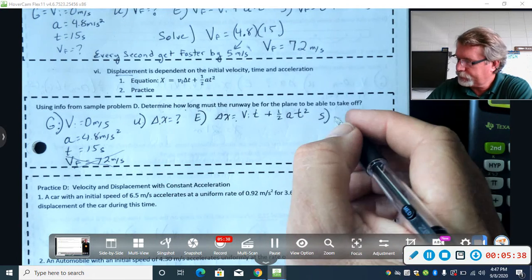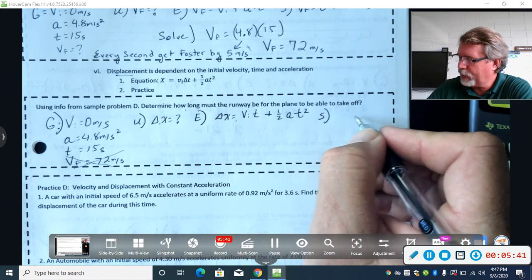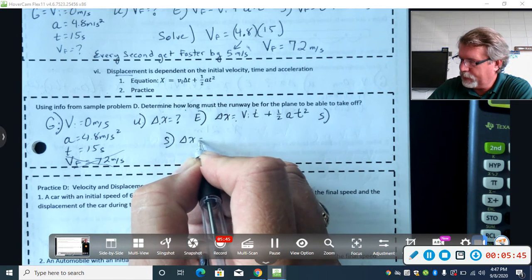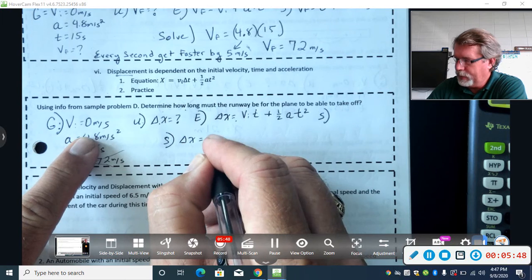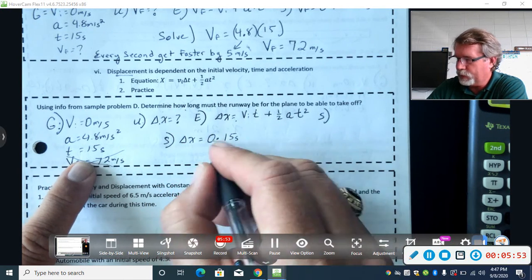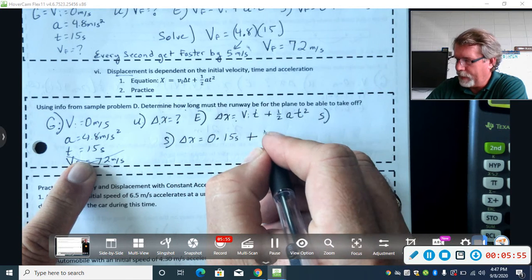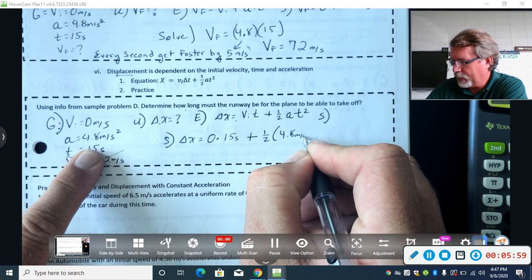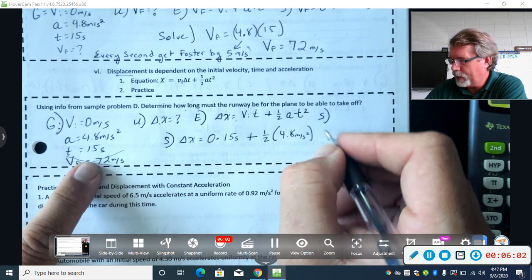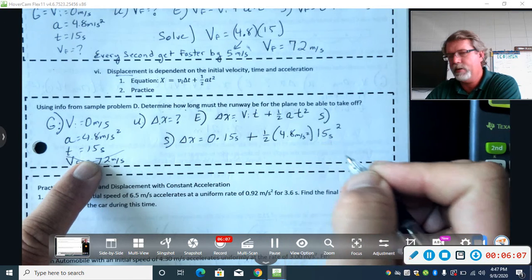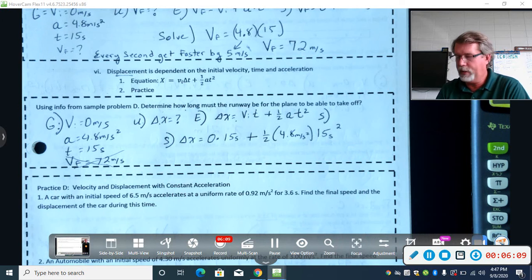So let's bring this back down here. The displacement of this object is equal to the initial velocity, 0, times the time, 15 seconds. Of course, that multiplies out to be 0, plus 1/2 the acceleration, 4.8 meters per second squared, times the time squared. The most common mistake here is that we forget to square the 15. So be sure you don't forget to square that 15 when you're solving this.